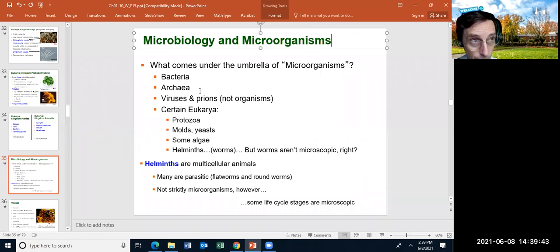In fact, the annelids, which you can find an earthworm in, if you remember what an earthworm is, they're the annelids. None of them cause human disease. It's only the flatworms and the roundworms. Some of them cause disease, but not all of them. So only some of them are parasitic. Okay? Any question about that? Anyways, that is what falls under the umbrella of a microorganism.